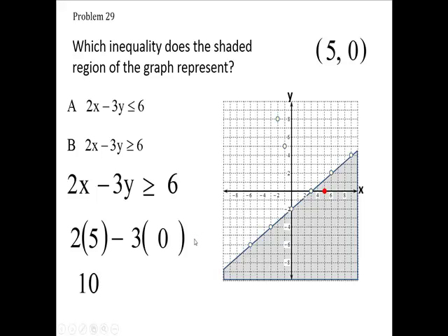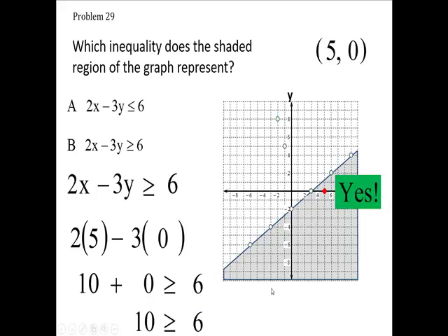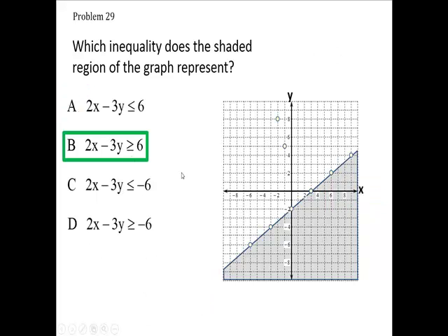Is this larger than or equal to 6? Is 10 minus 0 larger than 6? Is 10 larger than 6? It sure is. So this is a big yes. We eliminated A and we found out B does work. So of my four choices, I pick B.